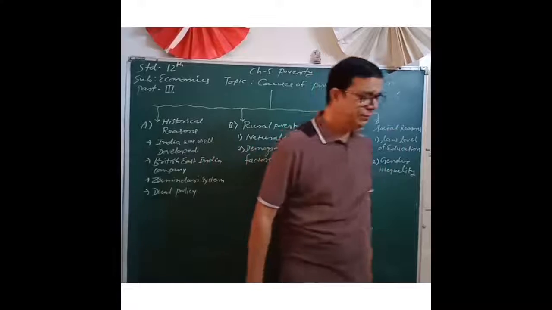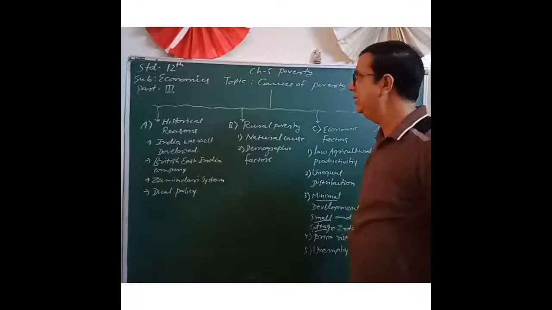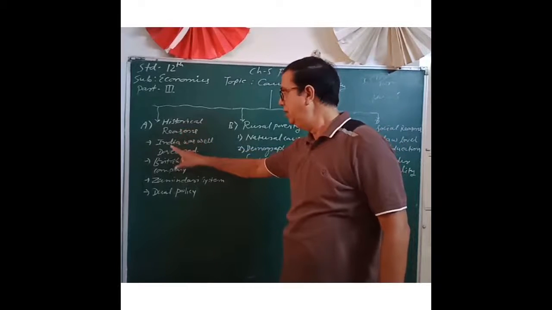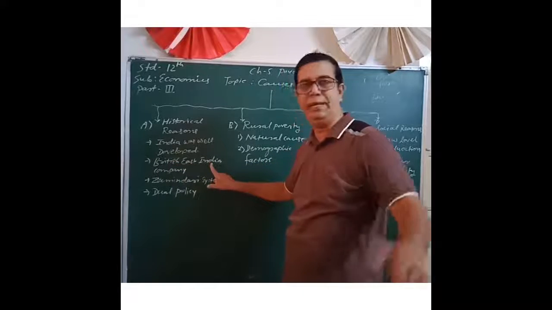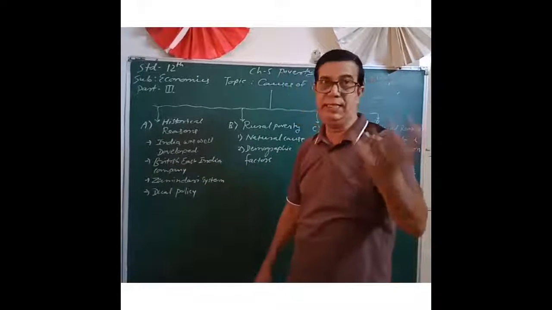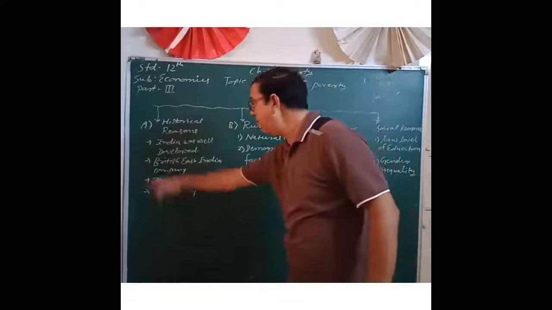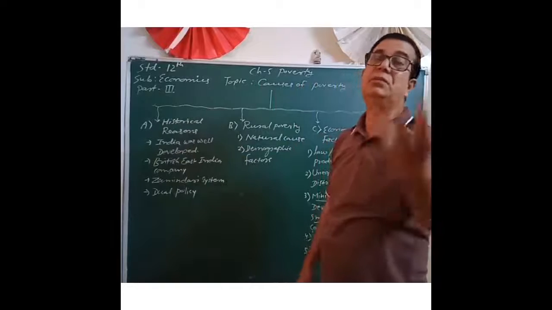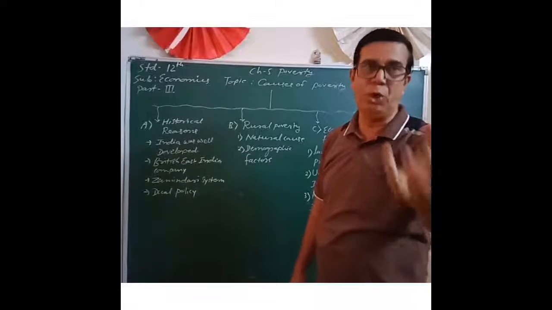So friends, these are the reasons for poverty. One is the historical reason: historically India was well developed. Then the British East India Company came to India. Then what is the condition? Then the Zamindari system and wealth policy. Because of that historical reason, India became poor and we face the problem of poverty.